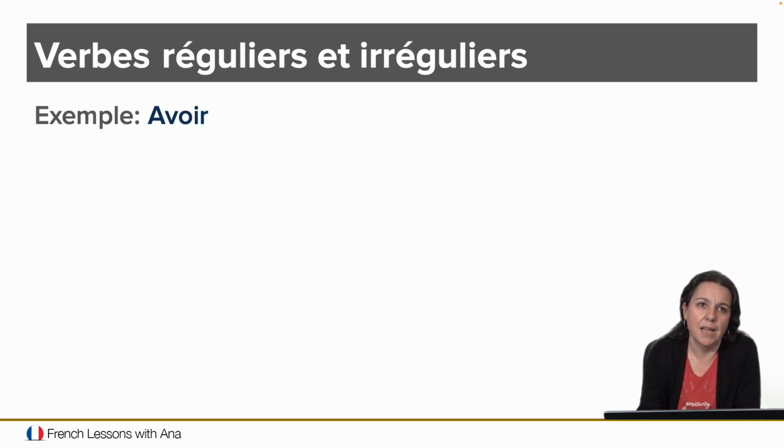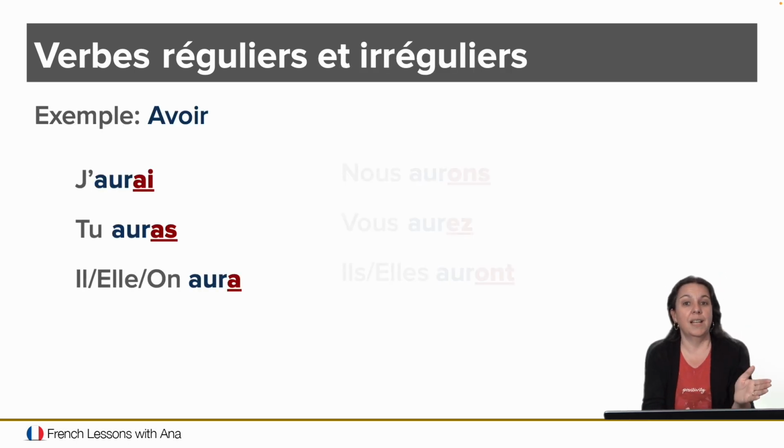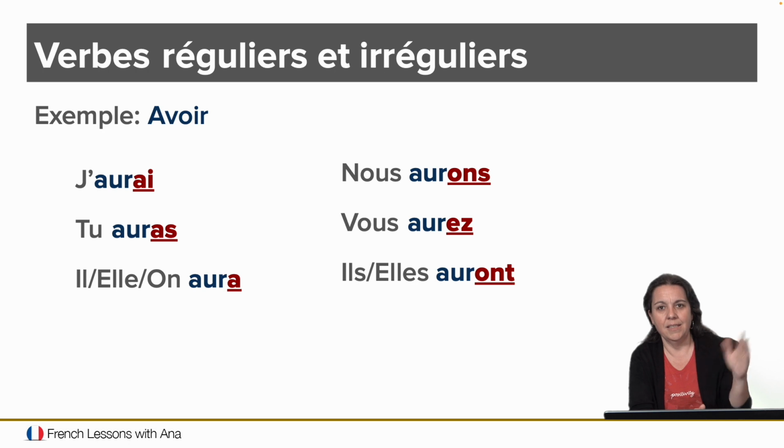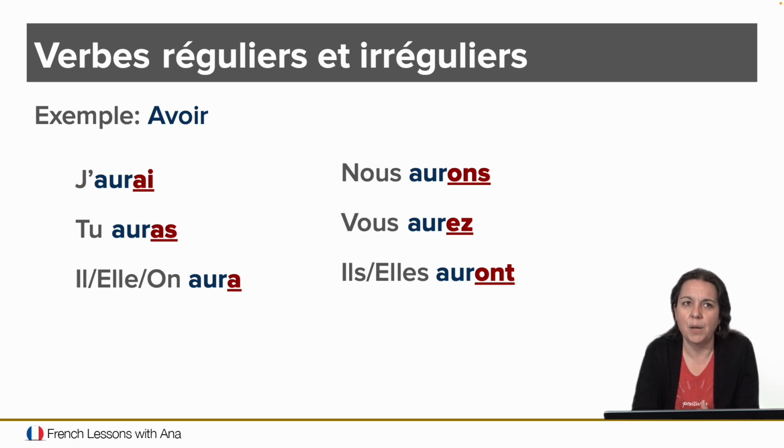And just to give you an example of how they work, notice that I said the endings never change. So to that list of irregular verbs I just gave you, add these endings and you got your futur simple. It's actually a very, very easy tense to learn in French. But here's the example of the first one, the verb avoir, to have.